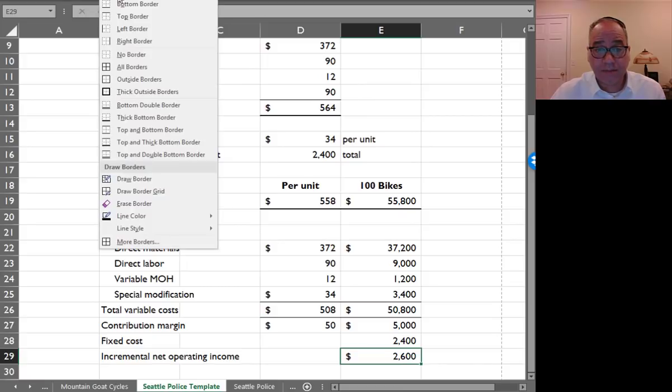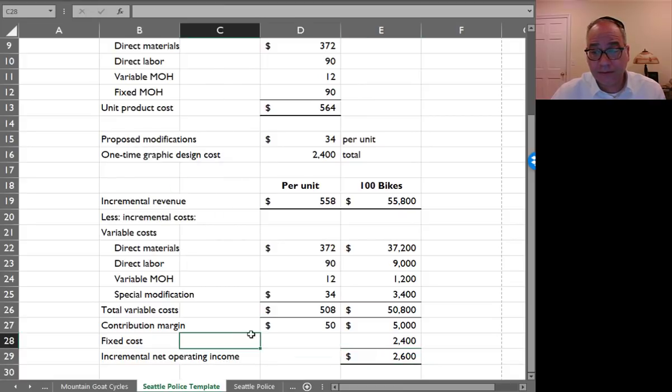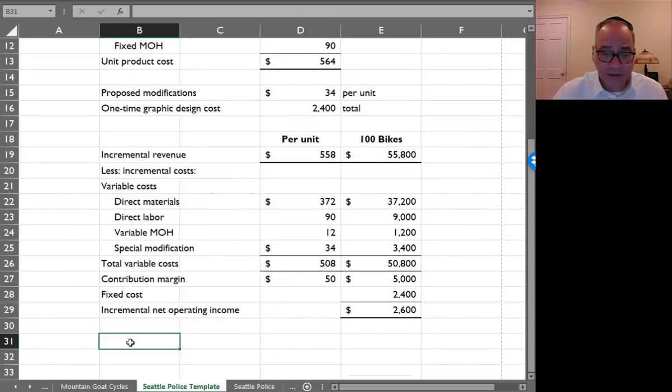So this means that you would make an additional $2,600 if you chose the order, and since incremental net operating income is positive, you would take the order.